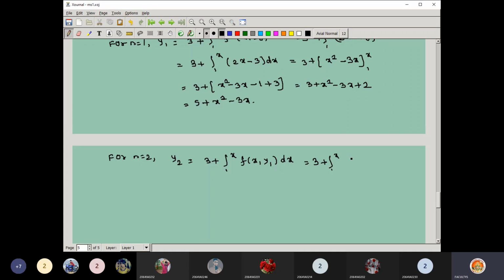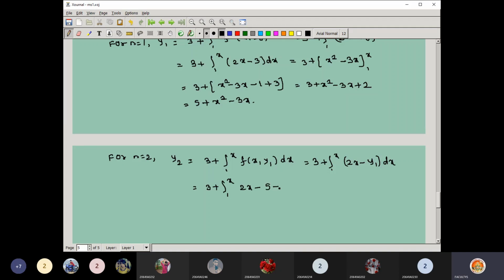యువర్ f ఆఫ్ x కామా y is 2x minus y. సో 2x minus y దగ్గర y1 అని రాస్తారు. It is of dx. So 3 plus integral 1 to x, 2x as it is minus y1 already we calculated.